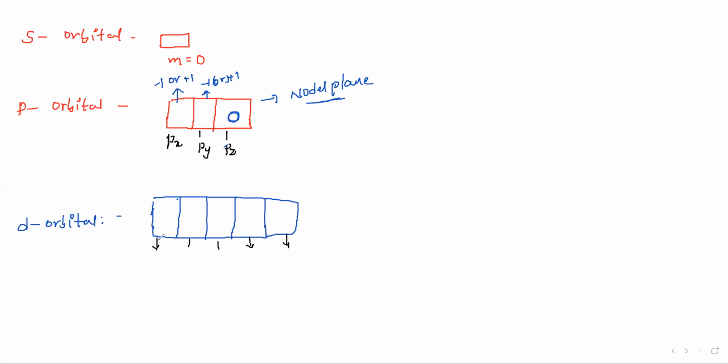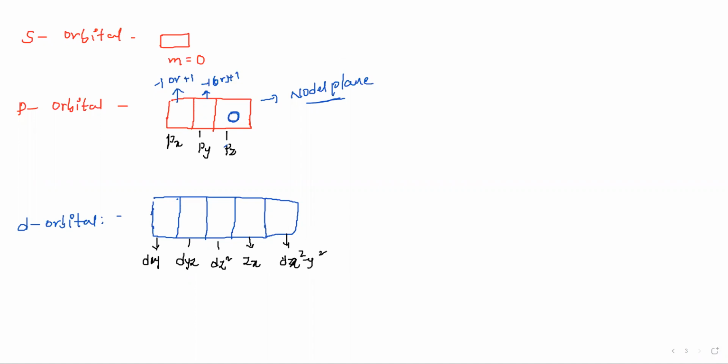Here this is dxy, this one dxy only, and here this is dyz and here this is dz square, the middle one always dz square, and this is dzx and this one dx square minus y square.